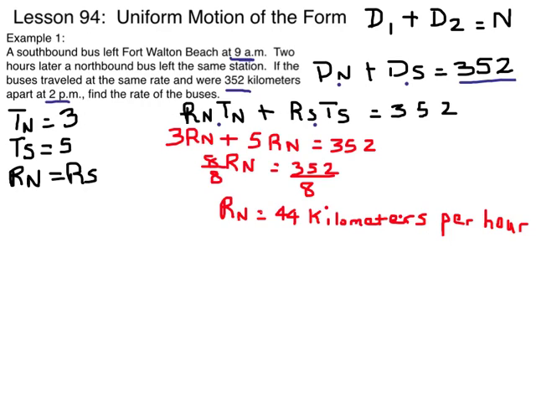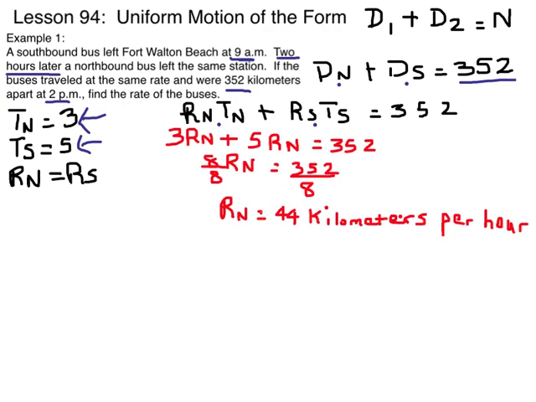From 9 a.m. to 2 p.m. is a total of 5 hours. We know that that was the southbound bus. The northbound bus left 2 hours later, so he didn't leave until 11 a.m. So 11 a.m. to 2 p.m. is 3 hours.